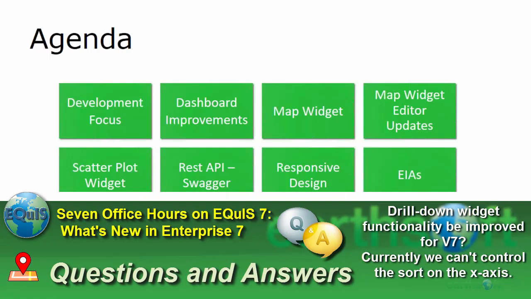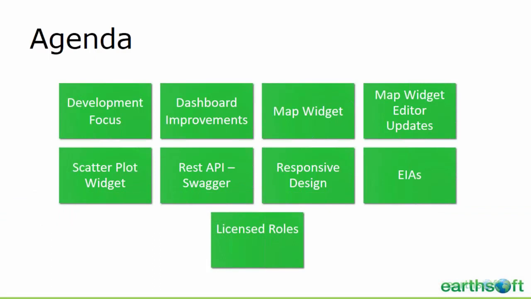Kelly asks, will the drill down widget functionality be improved for version 7? Currently, they can't control the sort on the x-axis. I don't know if we've addressed that. I know it's an open issue. Hopefully it's a 7.0. If not, it'll probably end up being a 7.1. But I'm going to ask my technologists on the call here to help me be honest on that and double check to make sure that we have an open case on that.